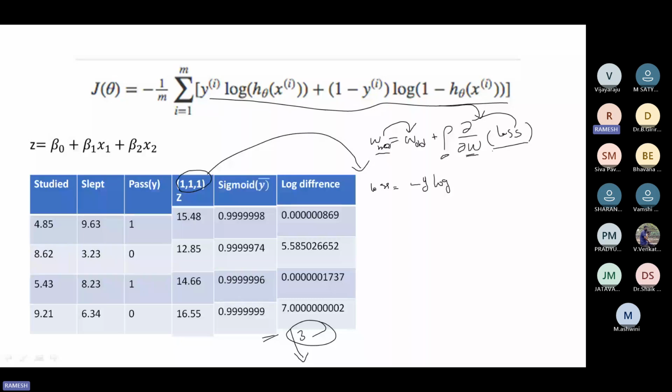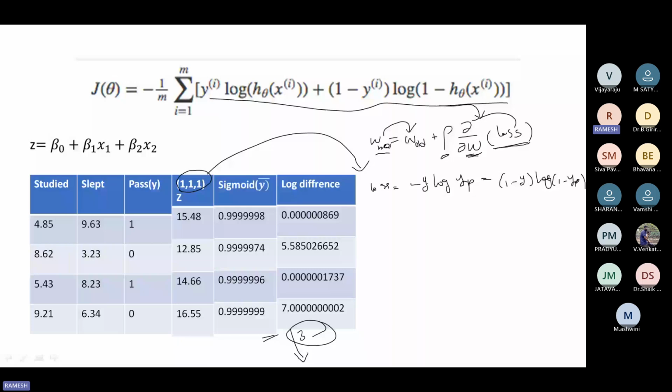Here we are doing partial derivation on a loss function. That loss function is minus y into log of y predicted minus (1 minus y) into log of 1 minus y predicted. So this loss function I have written, where we got this minus and minus.